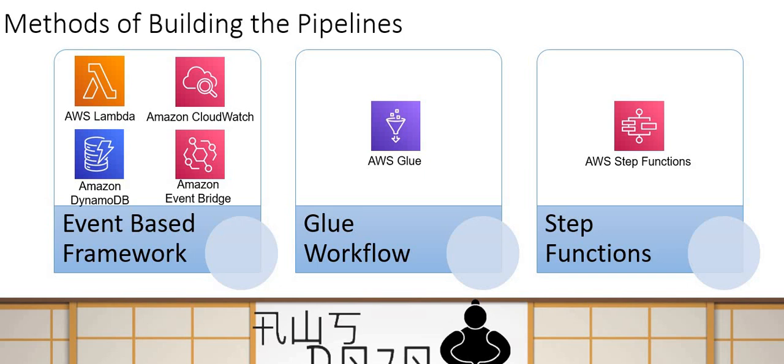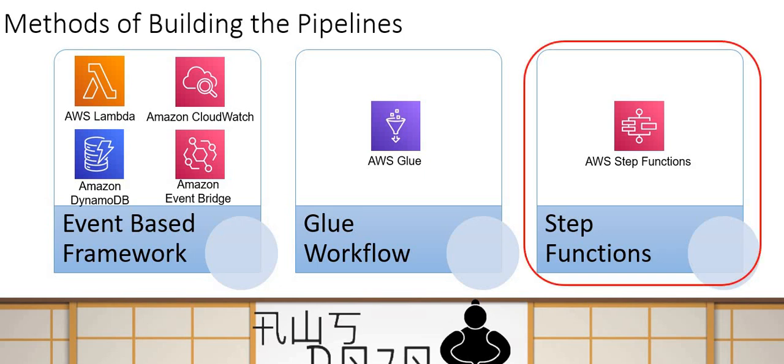In one session, I compared each of these three approaches. In another one, I talked about how you can create an event-based pipeline. I also have another session where I discuss Glue workflow. So today, I'm going to focus on the third approach, which is using Step Functions to create a pipeline, so that it completes the whole circle.